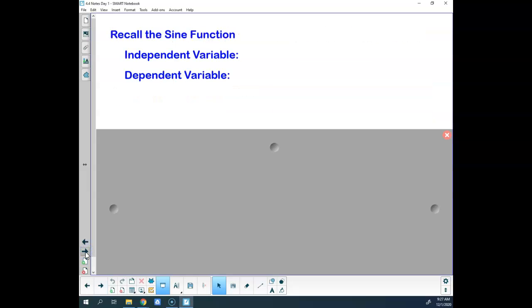Okay? So let's recall the sine function. The sine function in trig has an independent variable, and actually, let's be honest, this is both sine and cosine.